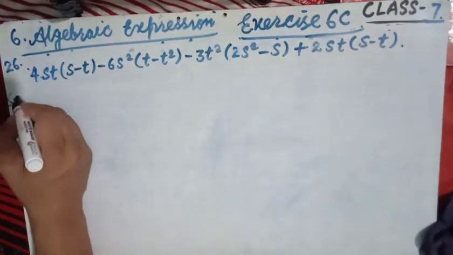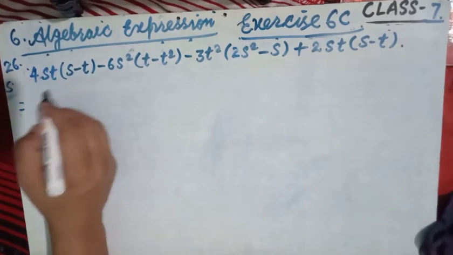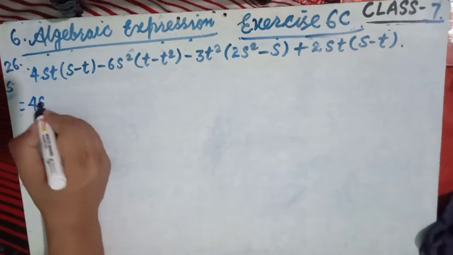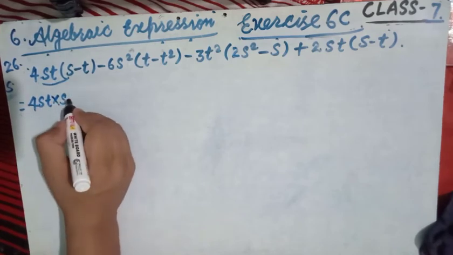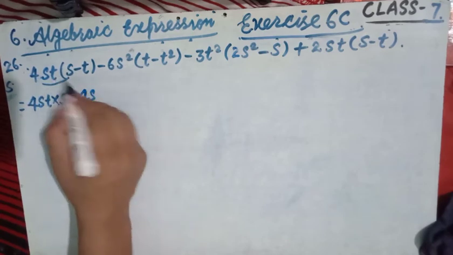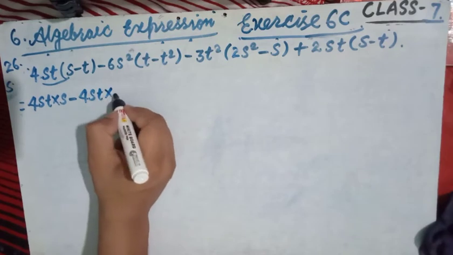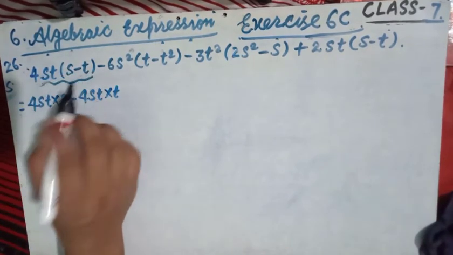Now the solution is, first multiply: this 4st multiplied by this s, here is the s, and then once again 4st multiplied by this t, with the minus. Okay, now the work for this is done.